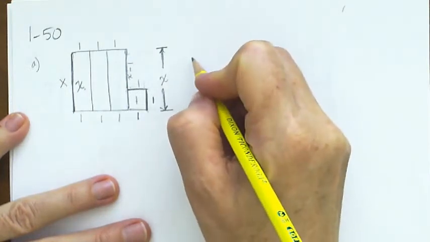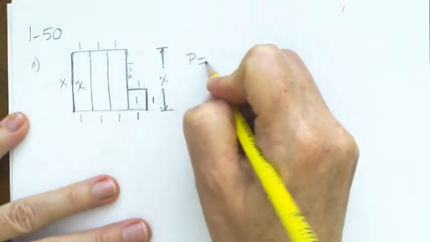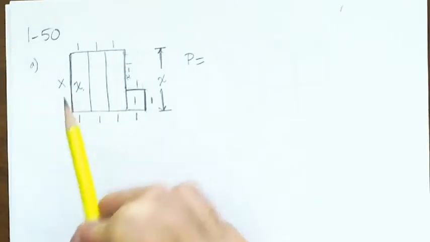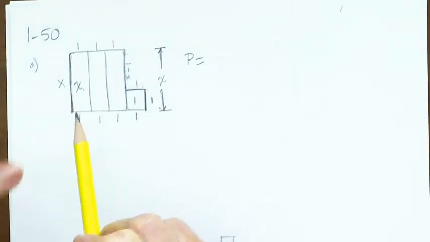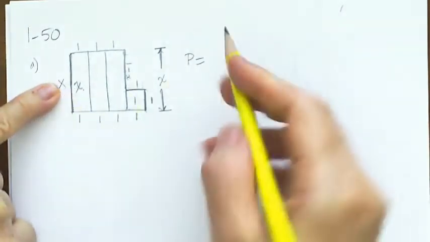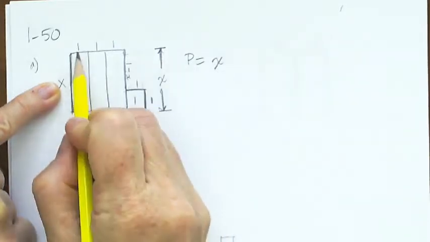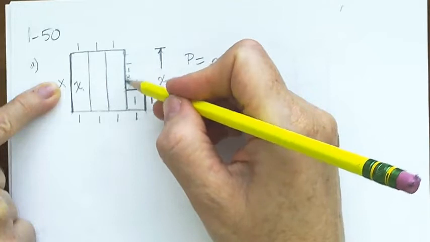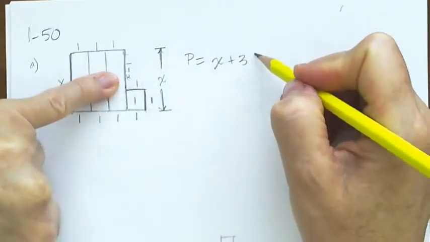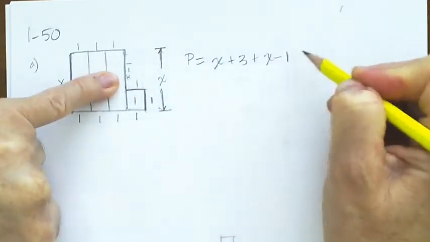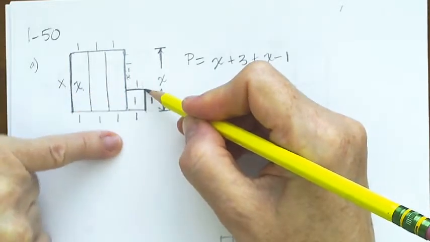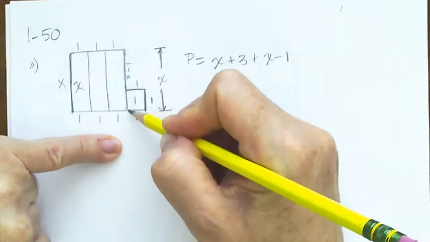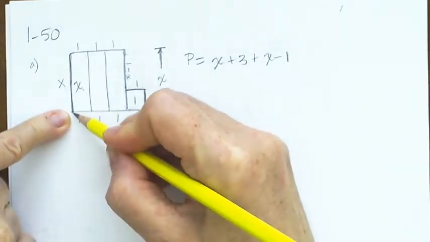The perimeter of this shape would just be the sum of the lengths of all the sides. So let's see what we have. We've got X plus 3 plus X minus 1 plus 1 plus 1 plus 1 plus 3 more.